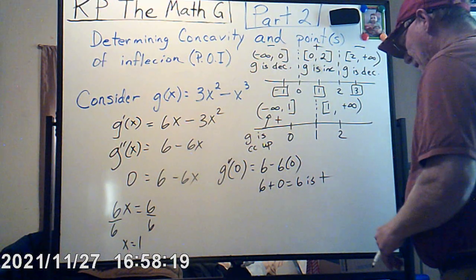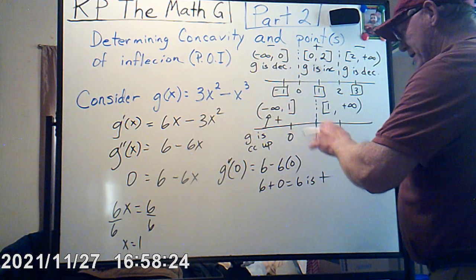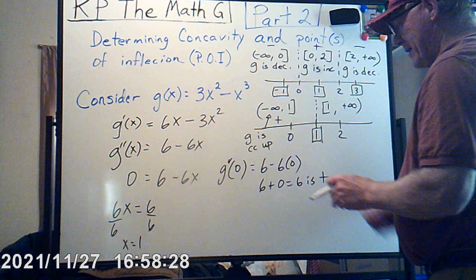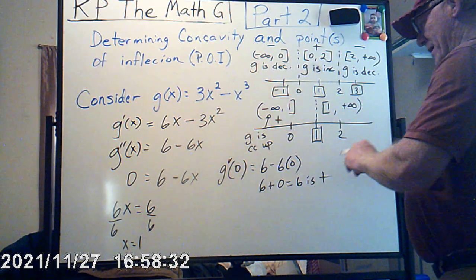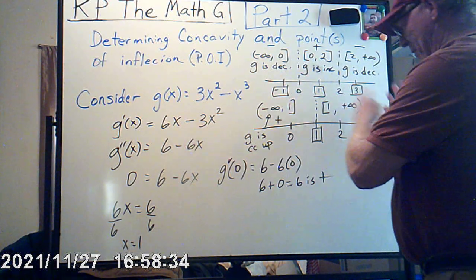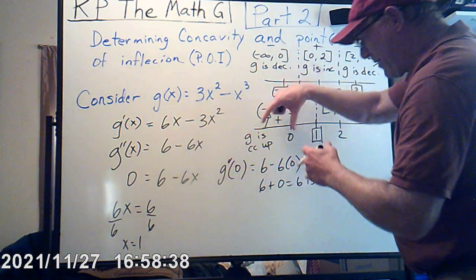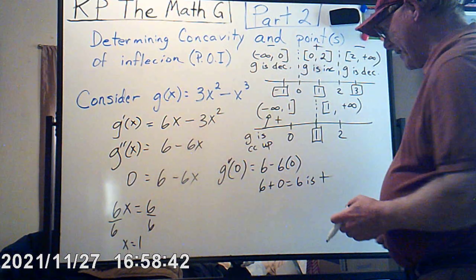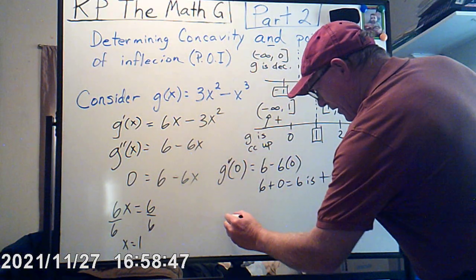All right, and then right here, obviously, we want to look at whether 1 is a point of inflection. Then G better not be concave up on this side, because if it's concave up on both sides, then we don't have a point of inflection. If it's concave down on both sides, we don't have a point of inflection. Here's where the signs must change. So let's try it here.